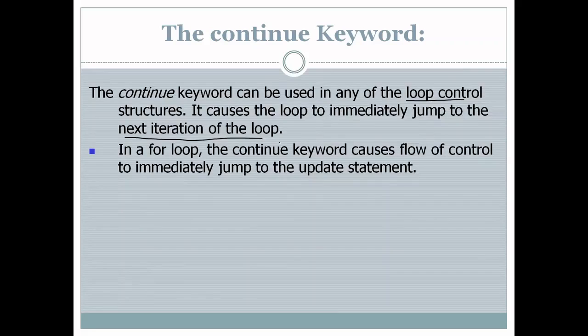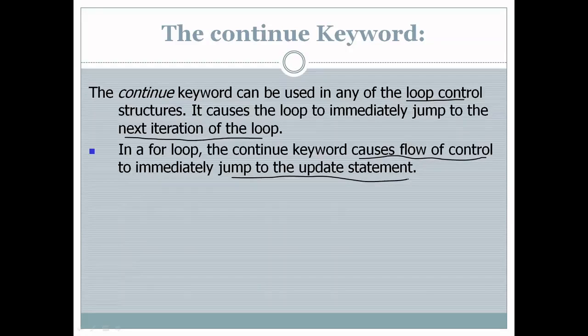In a for loop, the continue keyword causes the flow of control to immediately jump to the update statement. A for loop has three parts: initialization, condition, and increment or decrement.